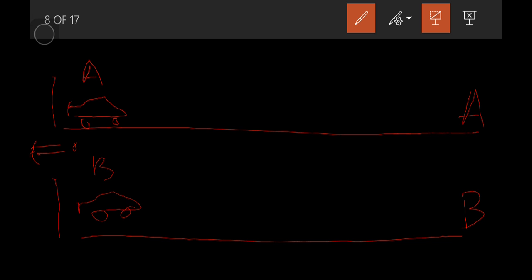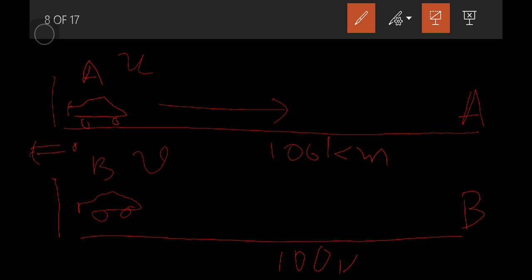Let us assume that car A has speed u and car B has speed v. So if both start at the same point and go in the same direction, the distance is 100 kilometers.